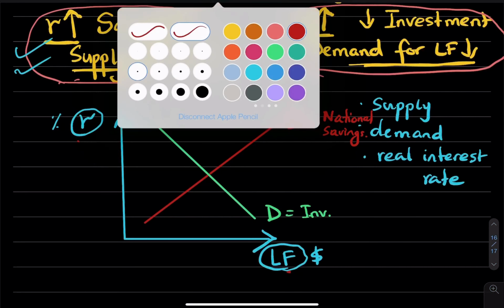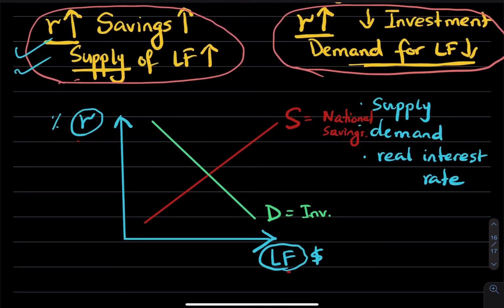And we have here the equilibrium interest rate. The equilibrium interest rate is going to be achieved at a point where the quantity demanded of loanable funds equals the quantity supplied of loanable funds.